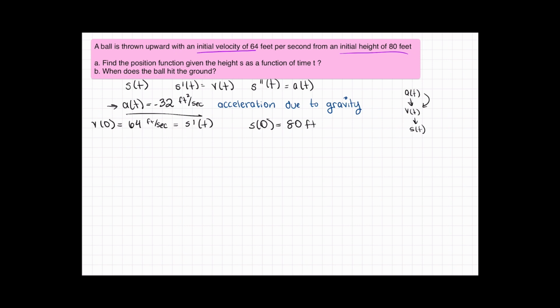It's negative because it's going down, and we have to make sure we have the negative sign. That's a common mistake. Our initial velocity is going up, but our acceleration is going down, so we have to make sure our symbols stay consistent. Our velocity is represented with a positive sign, and our acceleration with a negative sign.